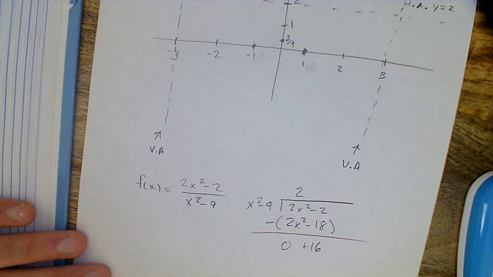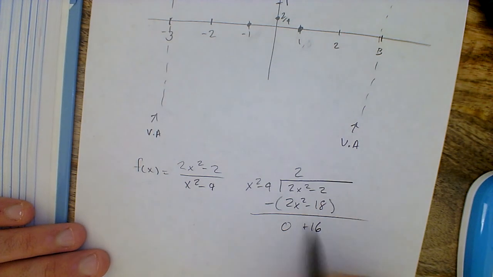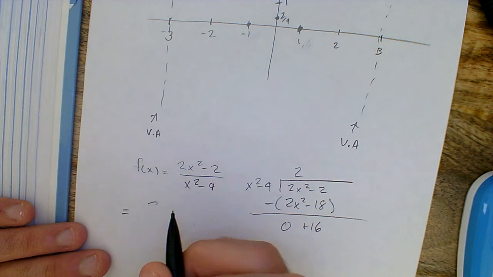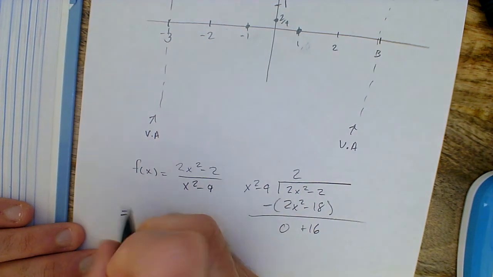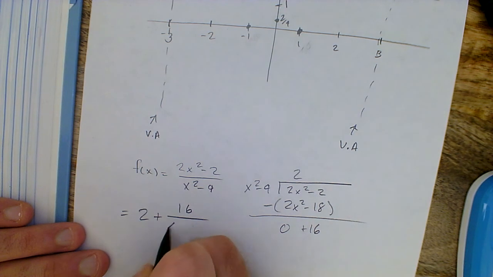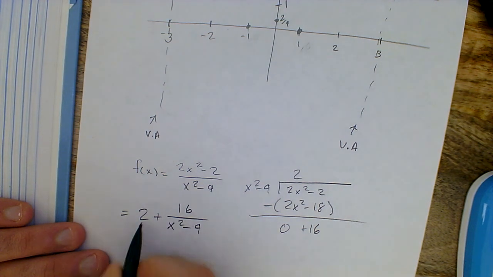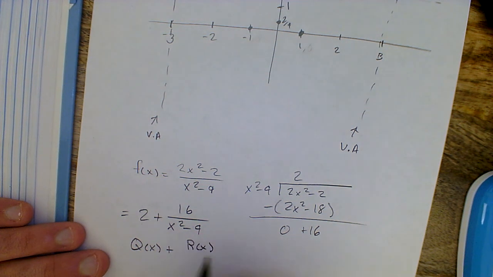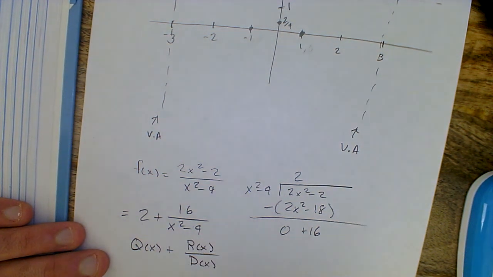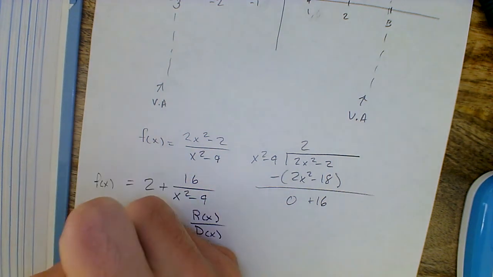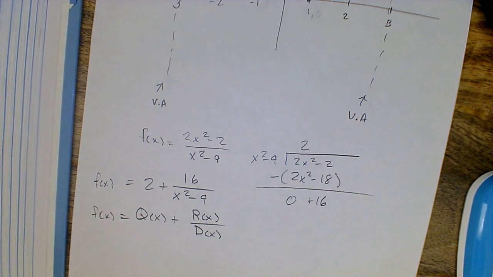This is a 0, -2 plus 18 is plus 16. Now the degree of the polynomial here is less than the divisor, so I can stop. So f of x is also equal to 2 plus its remainder, 16, divided by the divisor, x squared minus 9. Remember this is q of x plus r of x over d of x, from last section.